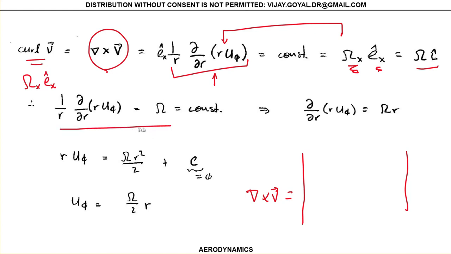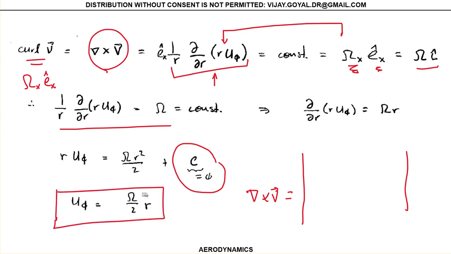If I integrate both sides by r dr, you can show this is equal to this. This constant would be zero because by applying the boundary condition at the center, I don't want to have any vortices right in the center. So when I do this, then you find your phi is equal to omega over 2 r.